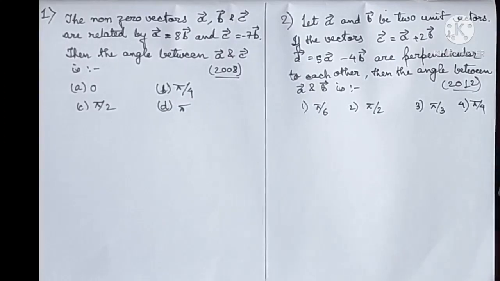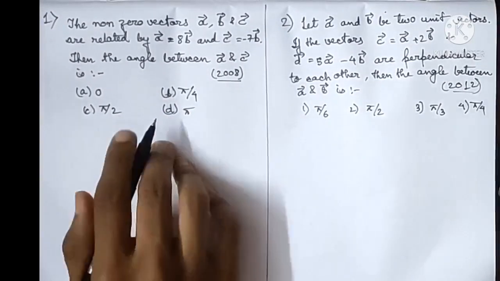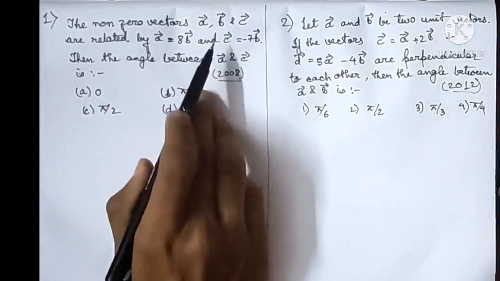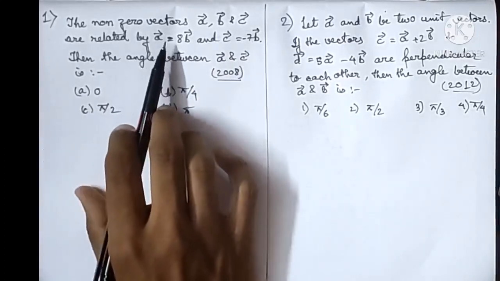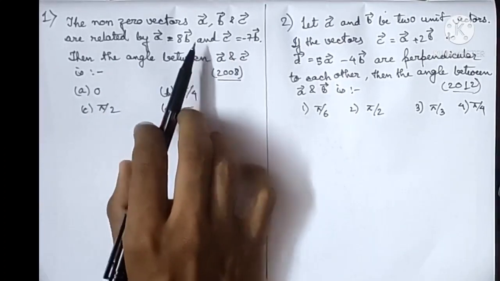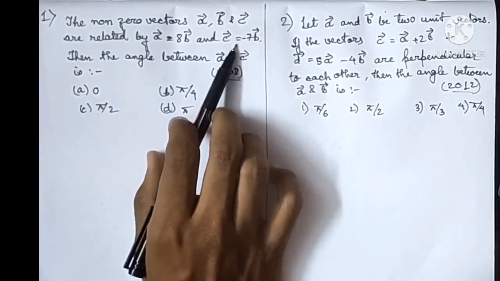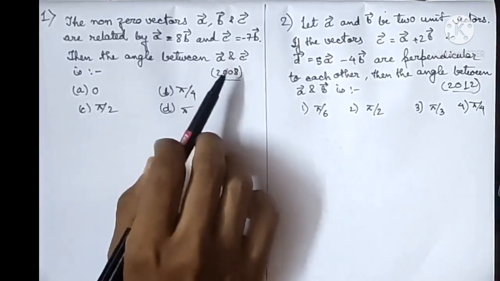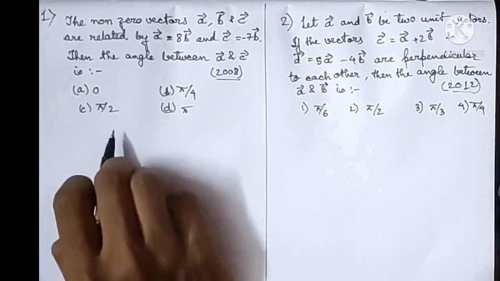So here we are with our first question today, and here as you can see it is saying that the non-zero vectors a, b and c are related by a is equal to 8b and c is equal to minus 7b. Then the angle between a and c is, and there are some options.